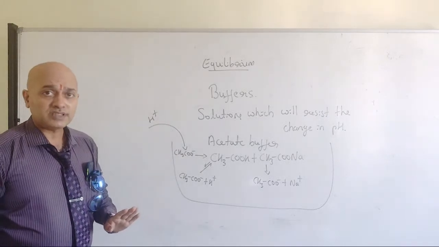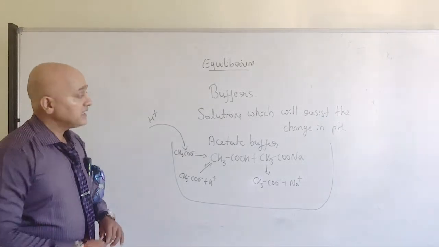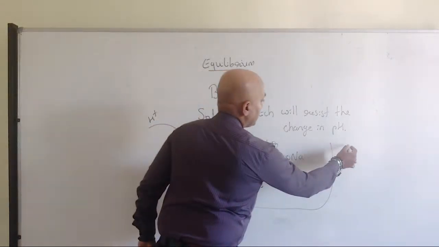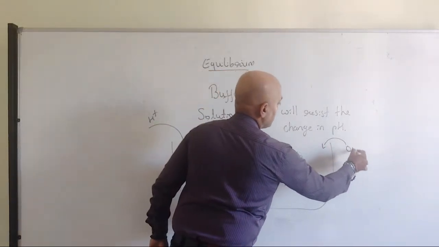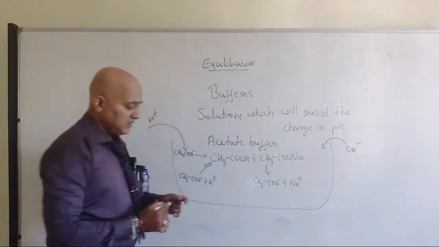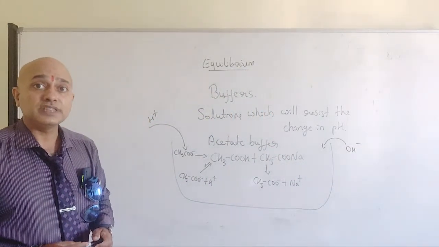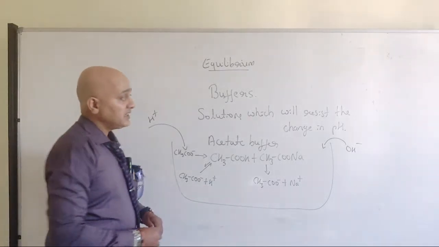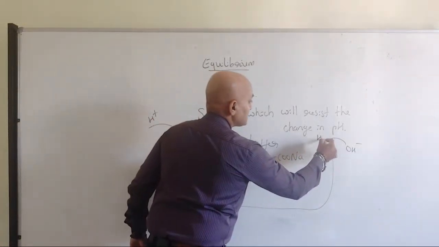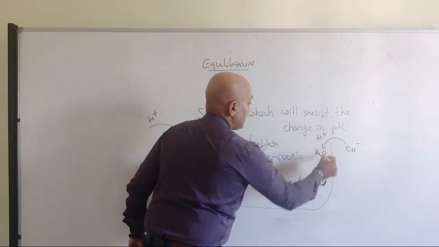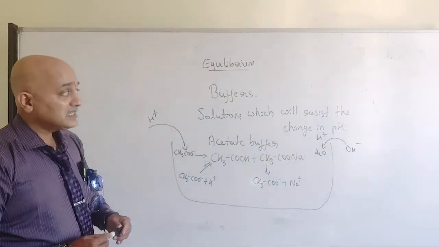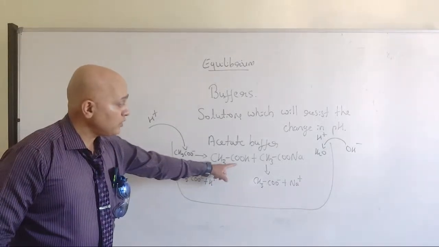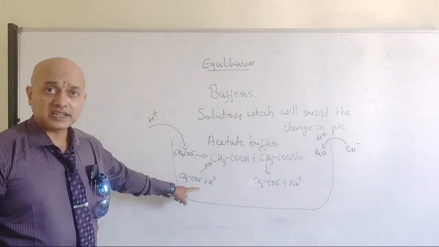Fine. Now what will happen if I add OH minus? Naturally, whatever H plus is getting released will neutralize this OH minus. Along with that, since H plus is decreasing, it will make more acetic acid dissociate.